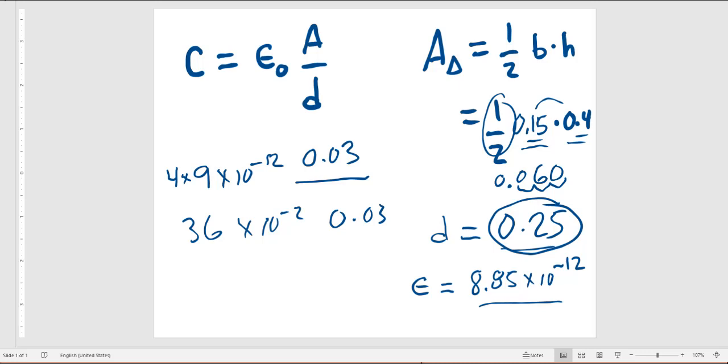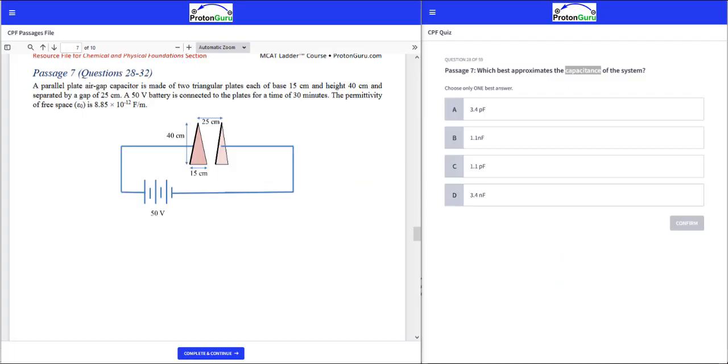So I have to do 0.03 times 36. 3 times 6 is 18. 3 times 3 is 9, plus 1 is 10. So 108. But I've got to bump 2 decimal places over. I'm going to get 1.08 times 10 to the minus 12th.